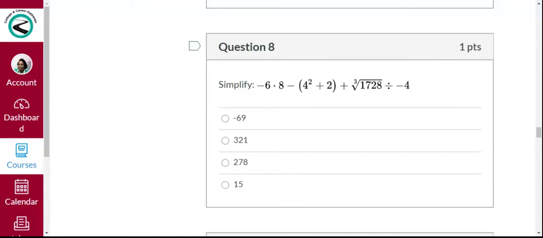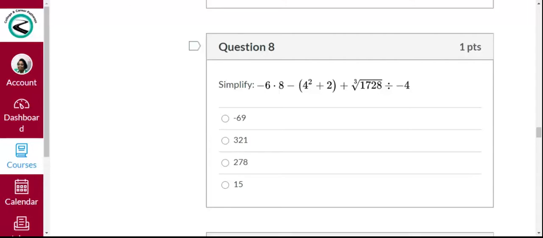So now I'm going to do 16 plus 2, which is 18. So I've got -6 times 8 minus 18, because that's what everything turns out to be within the parentheses, plus the cube root of 1728 divided by 4.